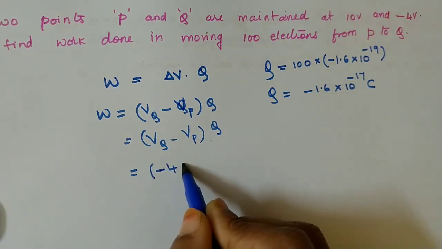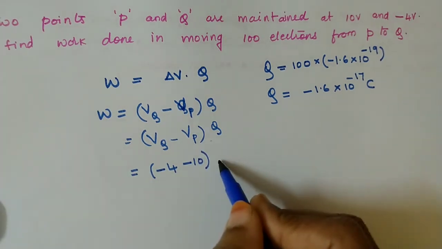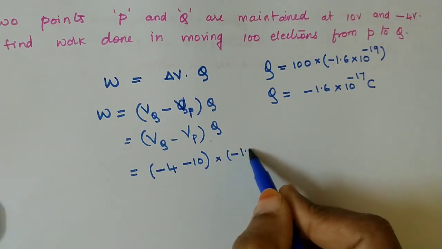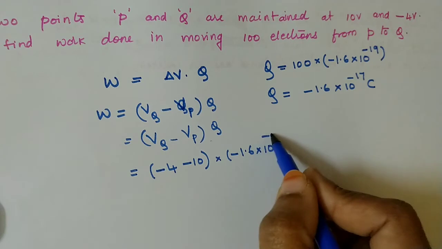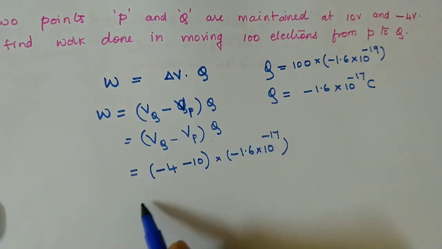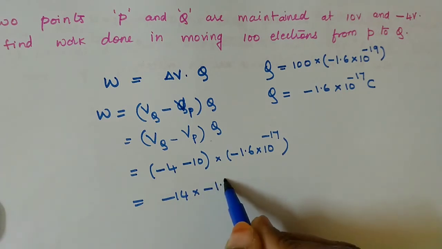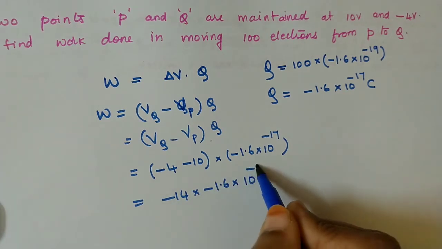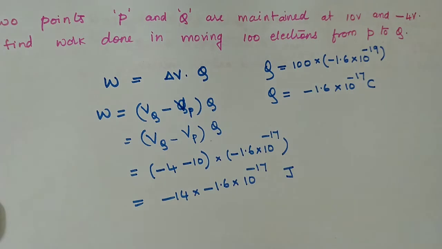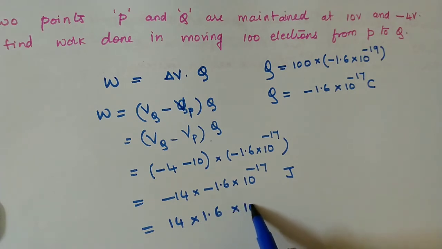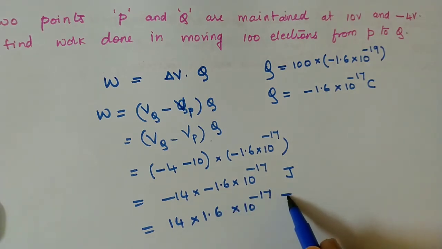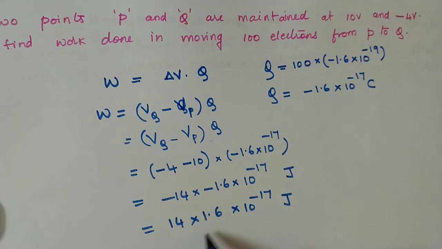Minus 4 minus 10 into minus 1.6 into 10 to the power minus 17. That will be minus 14 into minus 1.6 into 10 to the power minus 17 joules. Both minus signs will become plus. So 14 into 1.6 into 10 to the power minus 17 joules. Okay, multiply this. 16 fours, 64.